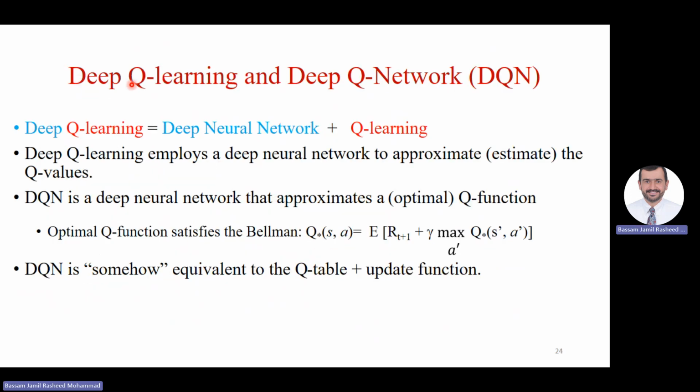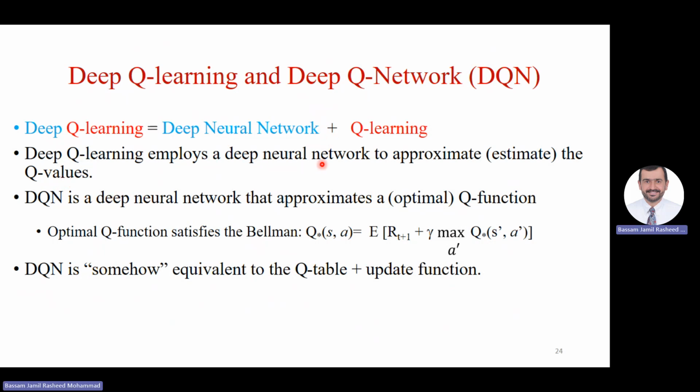Okay, so deep Q learning, and deep Q network, which is DQN. It's deep Q learning. It is really a deep neural network with Q learning. That's what it is. We take out the Q table and we put in a deep neural network.